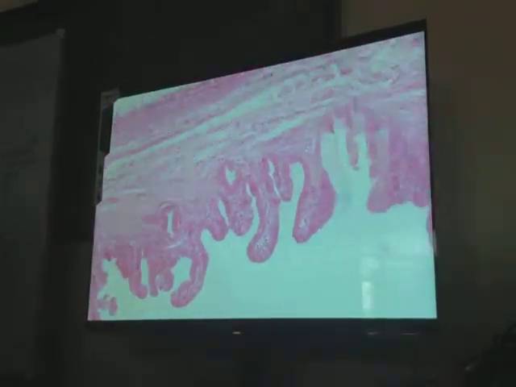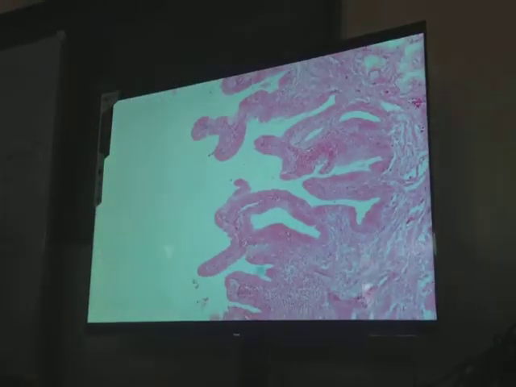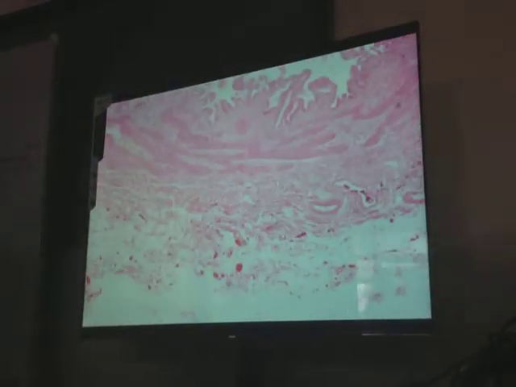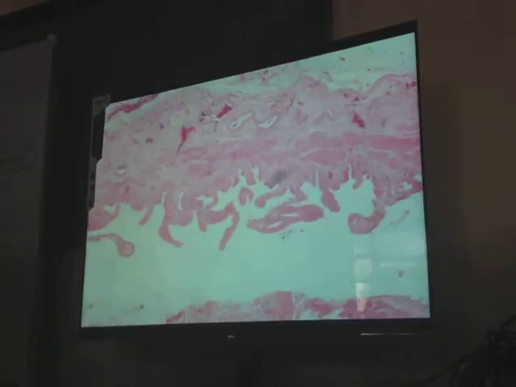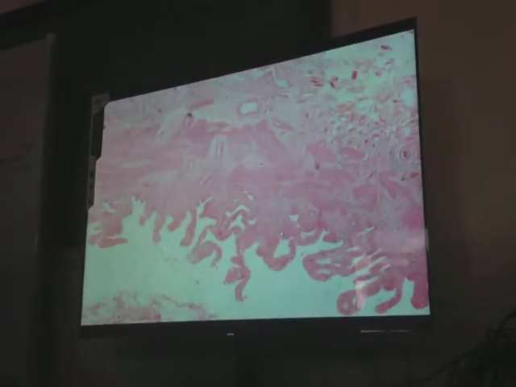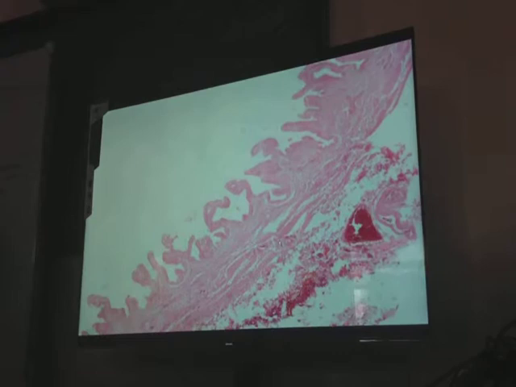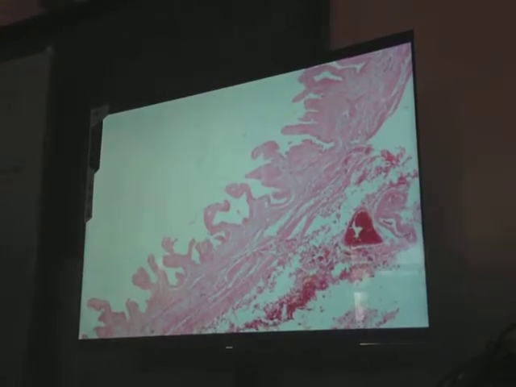Another prominent feature of chronic cholecystitis is the invagination of the mucosa into the muscular layer.